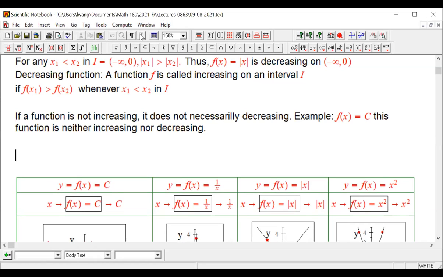Okay, very good. You guys are thinking. I have the next question. What's the relationship between one-to-one functions and increasing or decreasing functions?